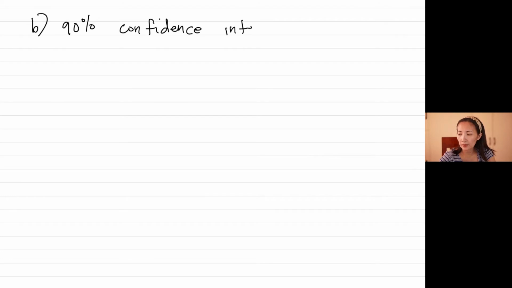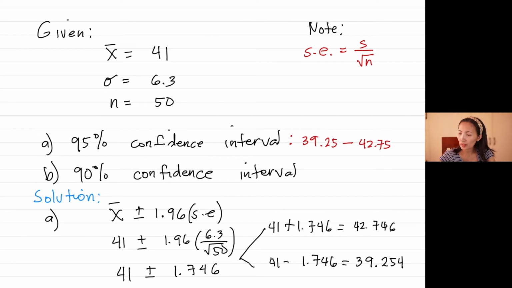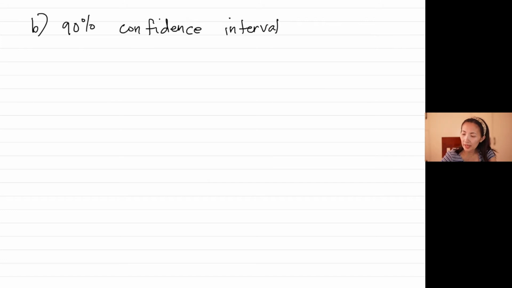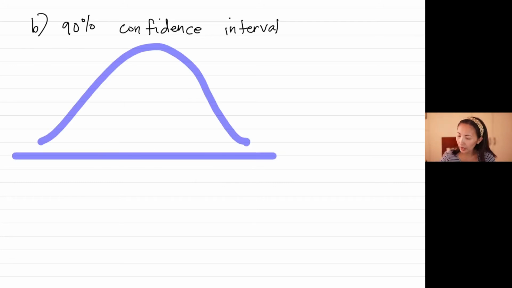Okay, for letter B, 90% confidence interval. What about for 90%? The z value that we made use of is 1.96. So from table lookup, for 90%, if we draw once again our normal curve, these are the tails.